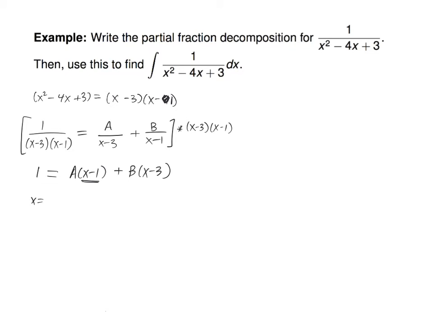So plug in x equals 1. That implies 1 equals b times 1 minus 3, so negative 2. So 1 equals negative 2b, therefore b equals negative 1/2.